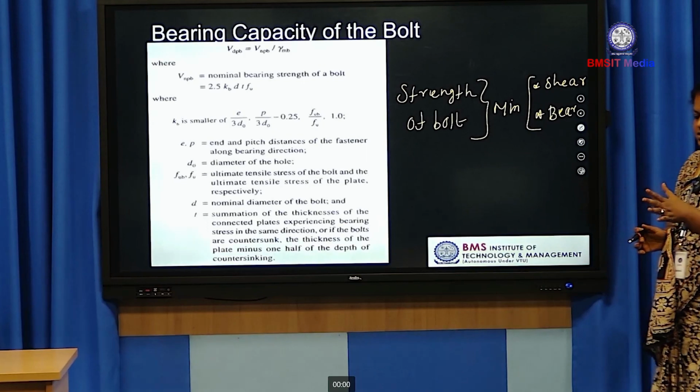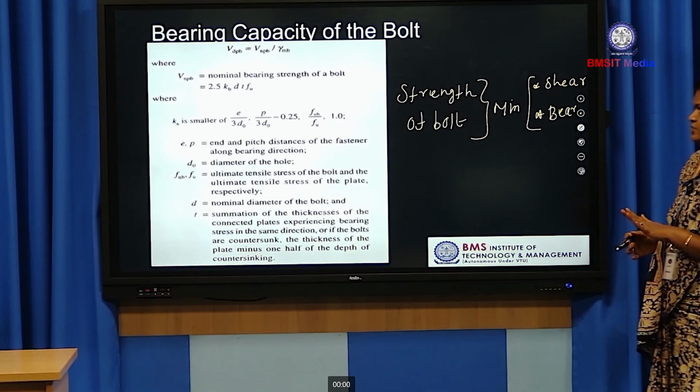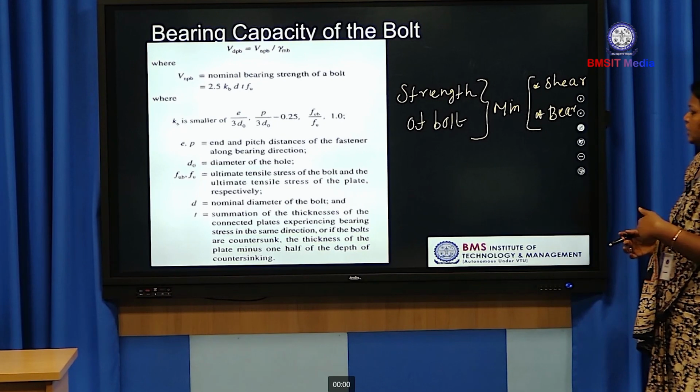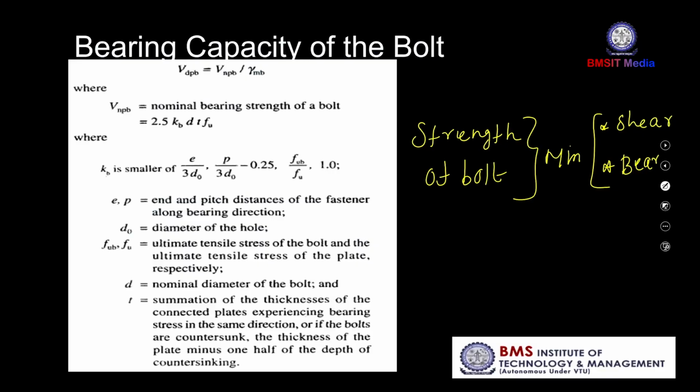The strength of the bolt is subjected to two types of failure, one is shear, another one is bearing. First we find out the shear strength of the bolt, next the bearing strength of the bolt. After that we take the minimum value, and that value is considered as the strength of the bolt. So, how will we calculate the bearing capacity of the bolt?